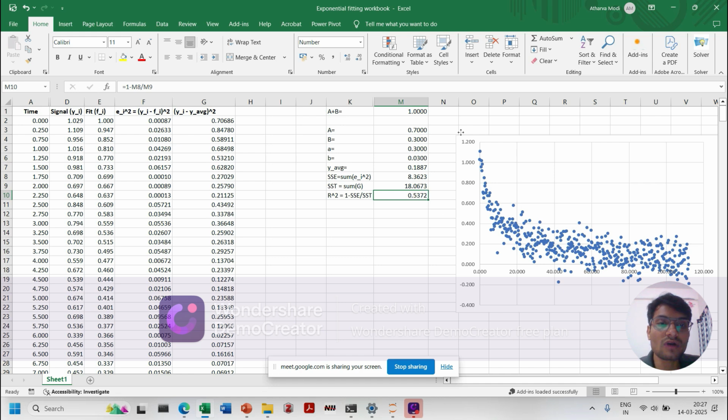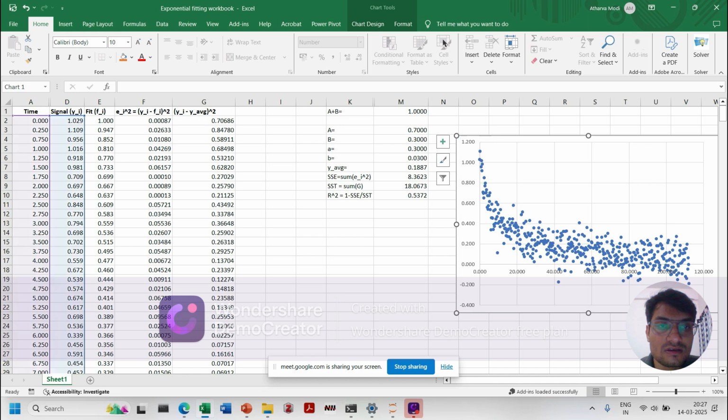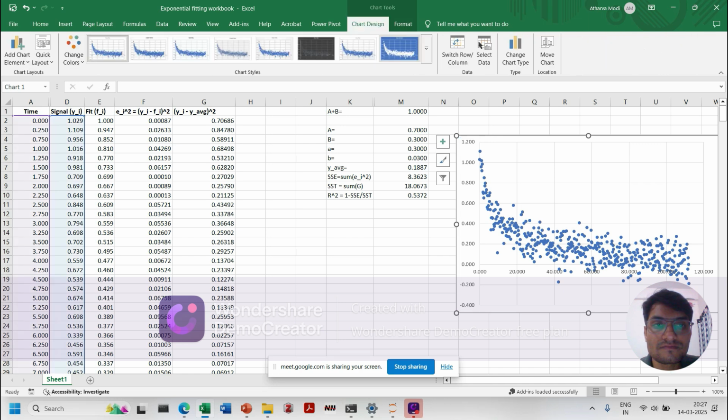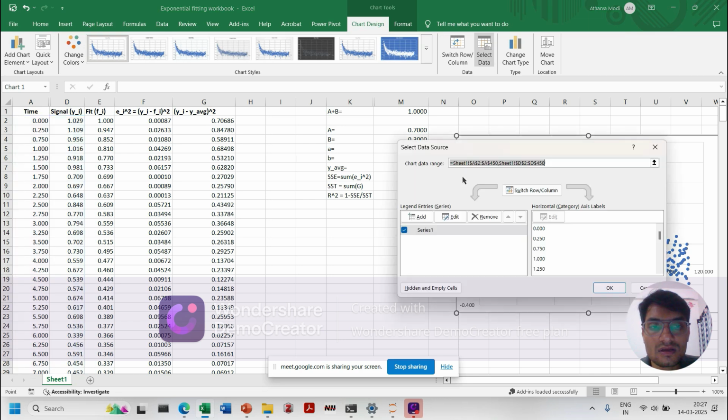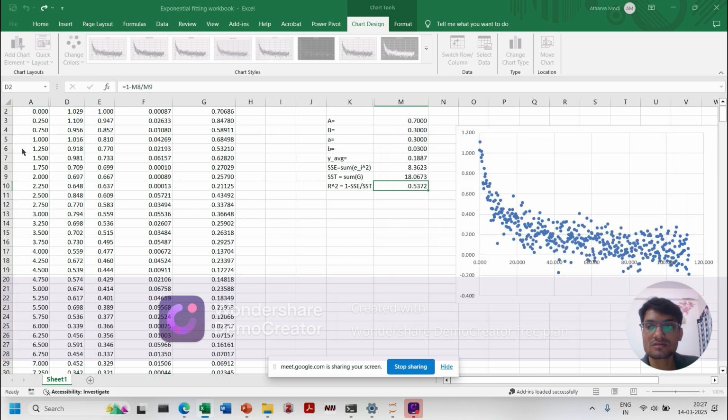So I will show you using a plot. I will select data and add a series.